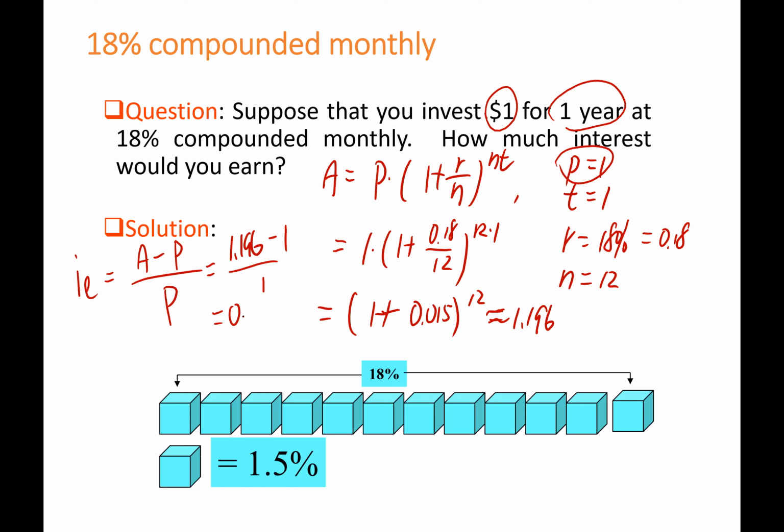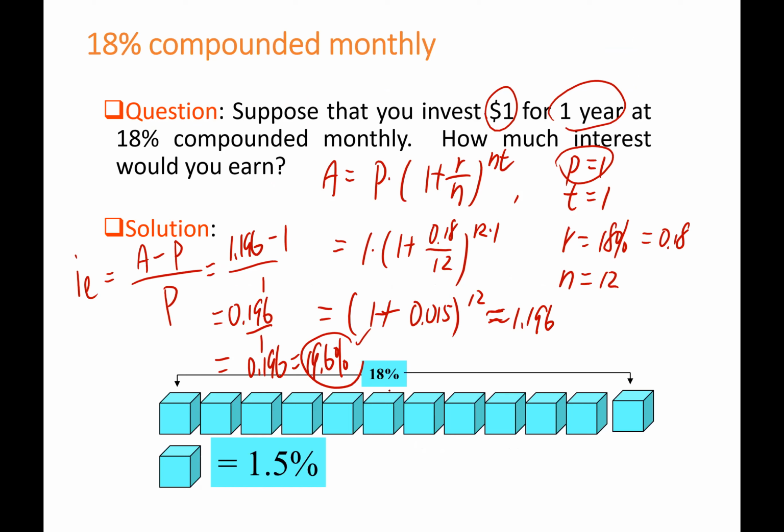This turned out to be 0.196, that's 19.6%. So the actual borrowing cost, or APR, is actually 19.6% instead of the 18% nominal rate.